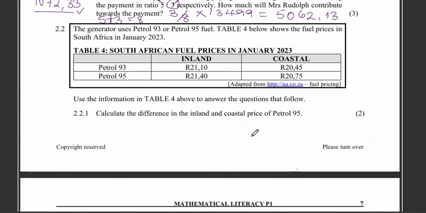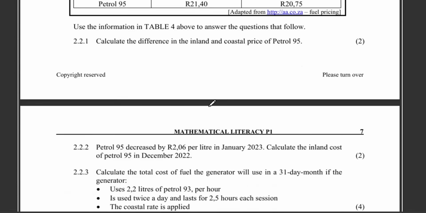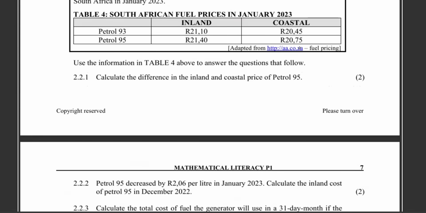We continue and we look at 2.2. The generator uses petrol 95 or petrol 93 fuel. The table below shows the fuel prices in South Africa in January 2023. They're asking you to calculate the difference in the inland and the coastal price of petrol 95. Please, these are just types. So the 95, we don't need to know what it means.